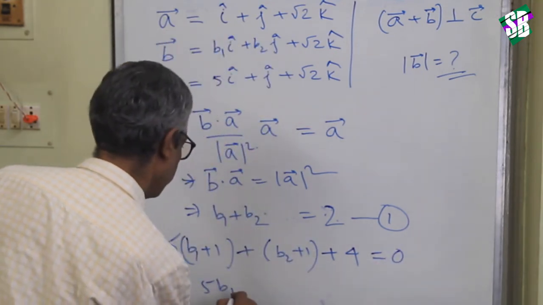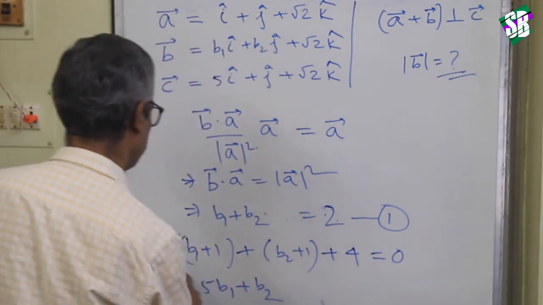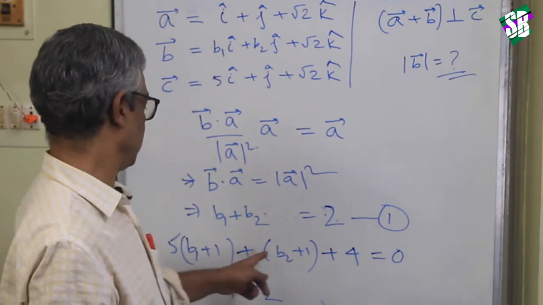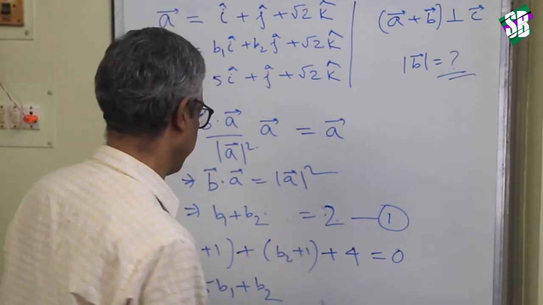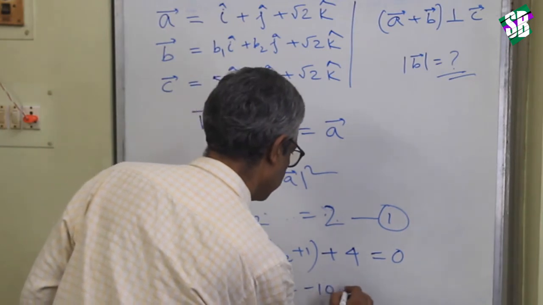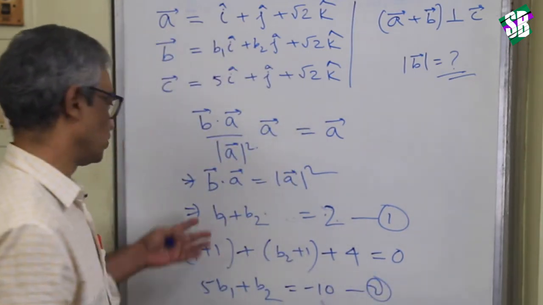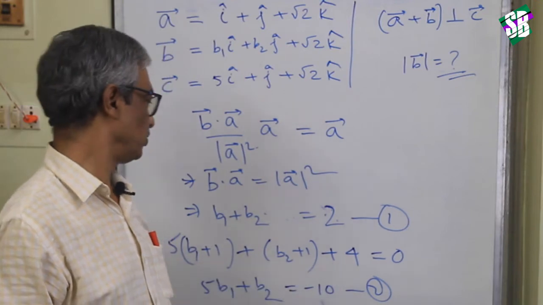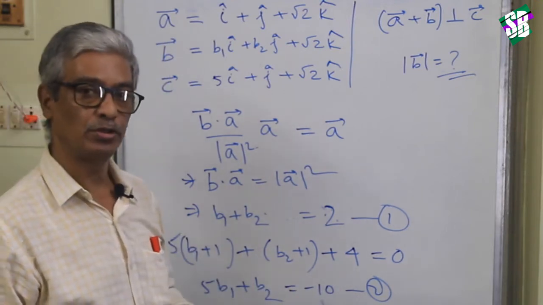So 5b1 plus b2, here this is 5, this is 1, 6, 6 plus 4 is 10, equals minus 10. You can solve equations 1 and 2 to get b1 and b2.